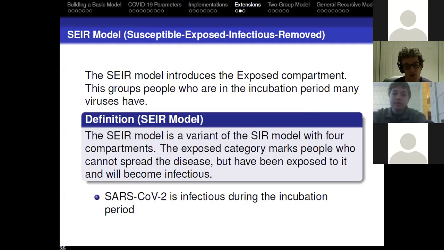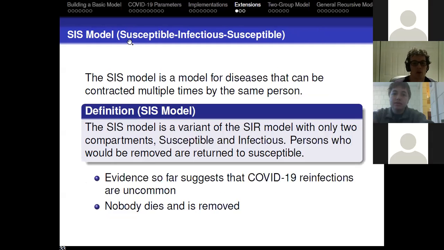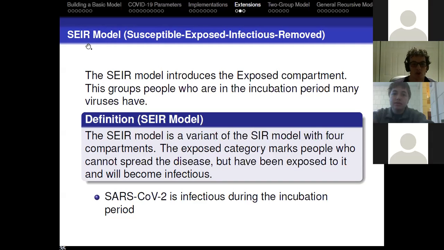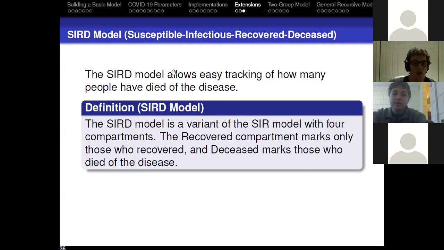It is infectious before it's symptomatic. So the exposed category, as it's usually used, is not applicable to this virus. So we didn't use this one either. And these two models are often used in conjunction. So you might use an SEIS model if you want to have the exposed and send people back to susceptible.